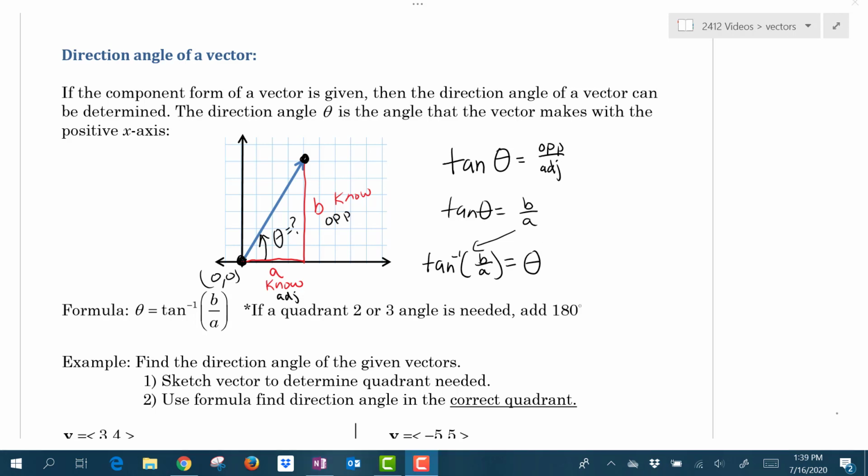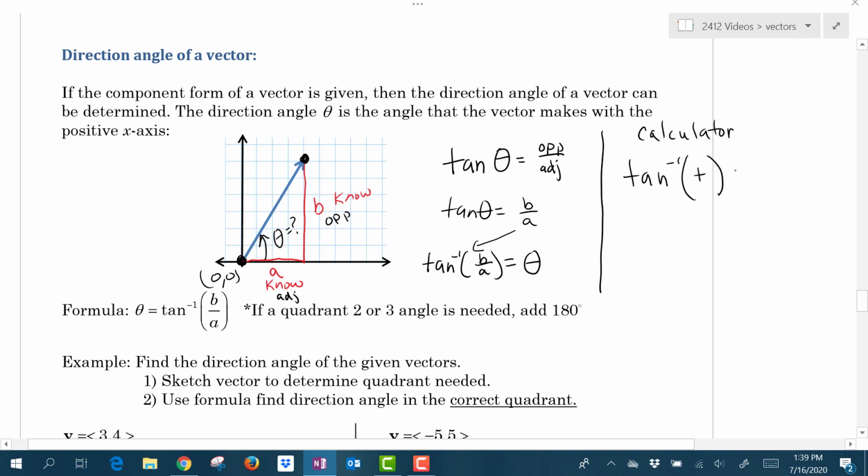Now frequently we use our calculator to figure out these direction angles. So we need to make a quick note on what the inverse function does and what your calculator is going to do. So when you plug a value that's positive, some positive ratio, into the inverse tangent function, then you're going to get an angle from quadrant 1.